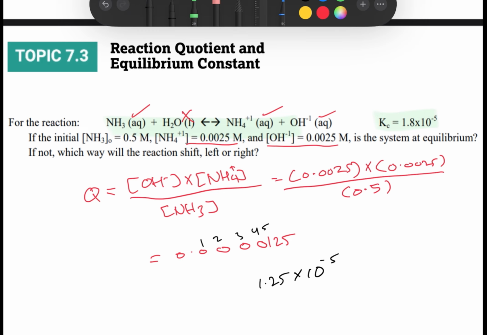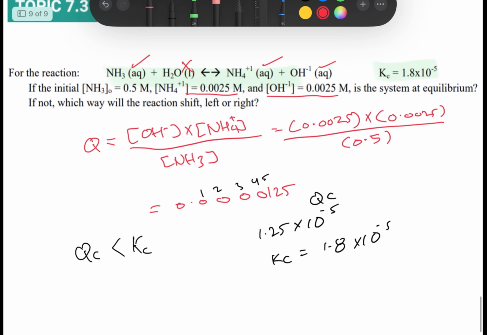Now, what is the relationship? This is the Qc, and the Kc is equal to 1.8 times 10 to the power negative 5. Then you can notice that Qc is less than the value of Kc. So if the value of Qc is less than Kc, it means you have so many reactants that are greater than products.